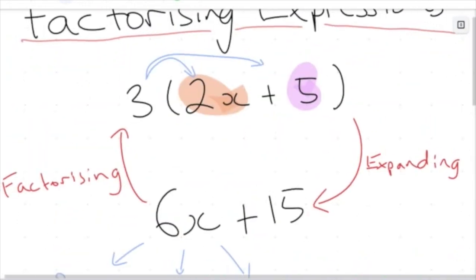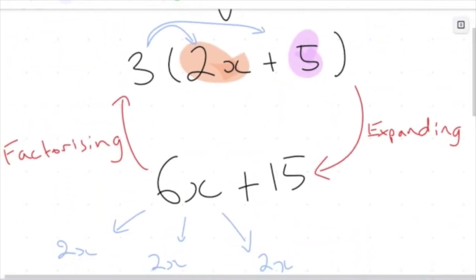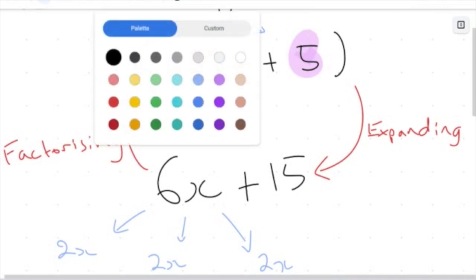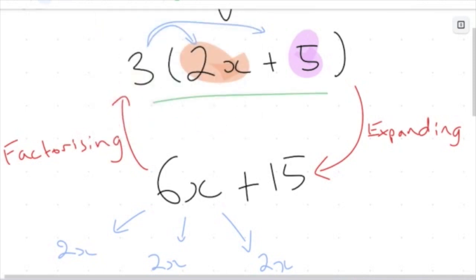Expanding gets us from this first expression down to the next. Factorizing gets us from an expanded form back into a bracket form. These are opposite operations in the same way multiplication and division are opposites.